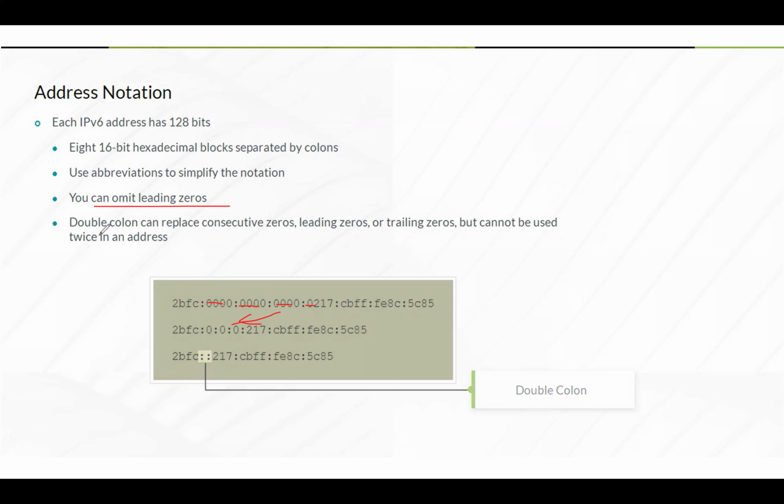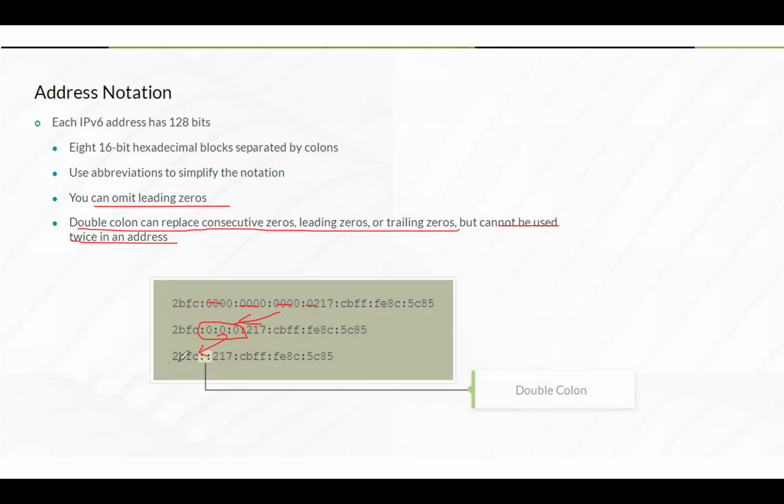Another rule is that a double colon can replace consecutive zeros, but it cannot be used twice in an address. If you have multiple zeros in successive order, you can replace them with a single double colon.